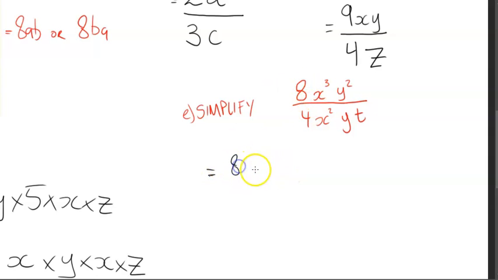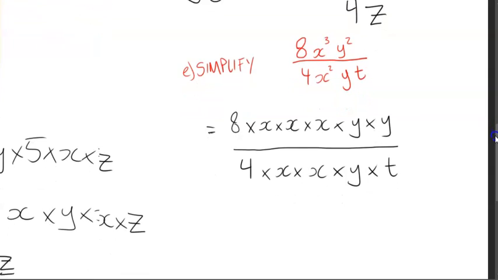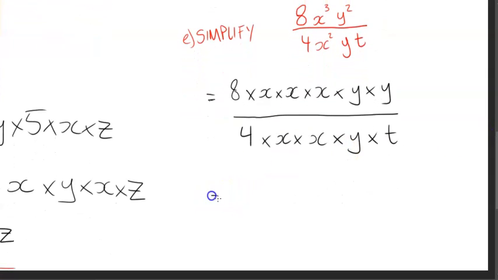So this is equal to 8 times x times x times x. There's 3 lots of them. And there's 2 lots of y's, so that's y times y. And this is all over 4 times x times y times this random t that I've just put in there, t for tats.